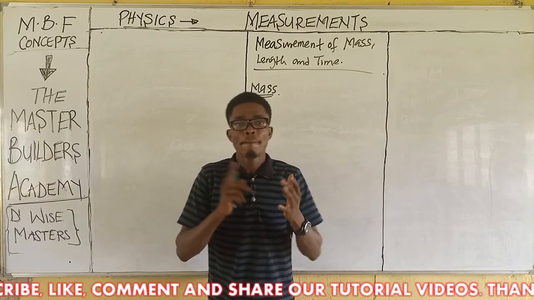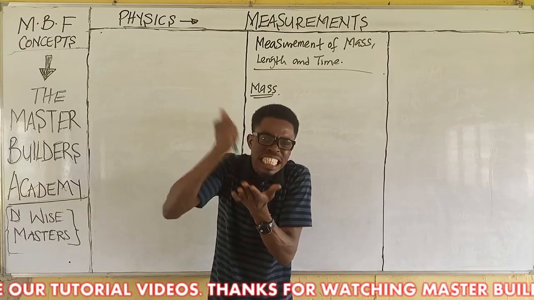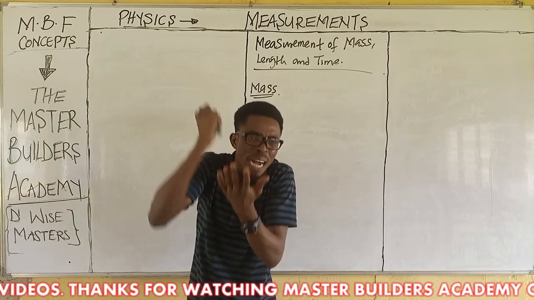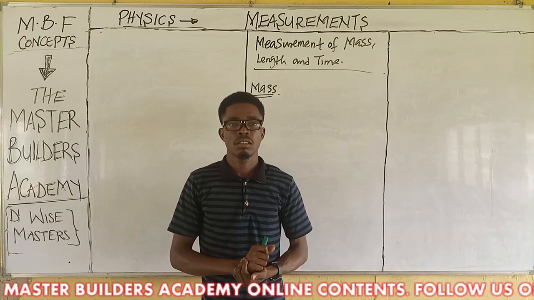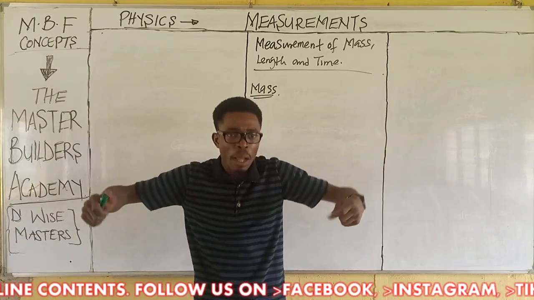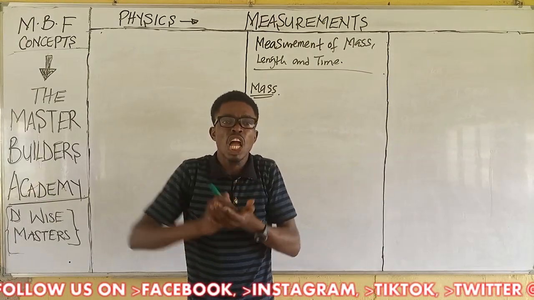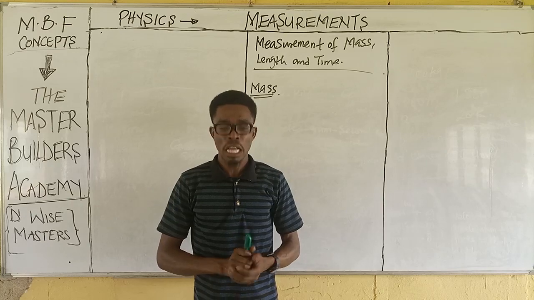So mass is the measure of the quantity of matter present or contained in an object or in a body. The quantity of matter contained in a body is called mass.